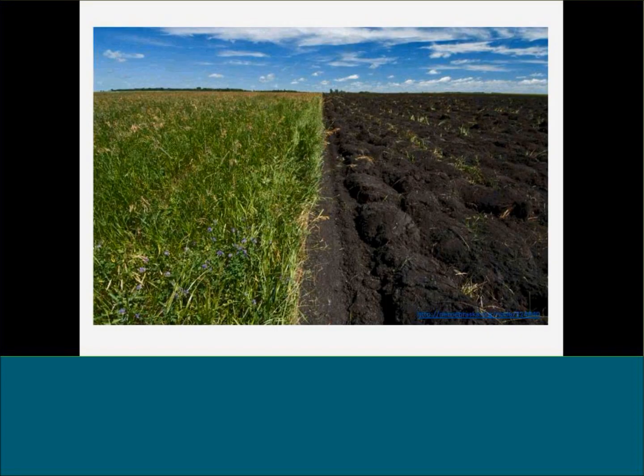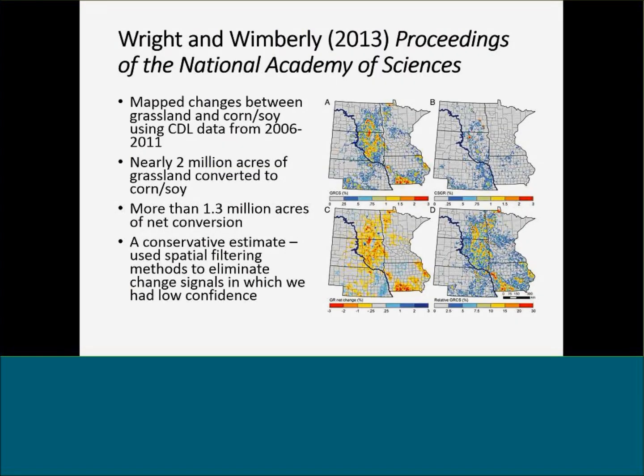So what we're talking about is grassland loss, and this is a dynamic that I suspect a lot of people who are on this call are already aware of. And let me take a step back and give a little bit of background on this.